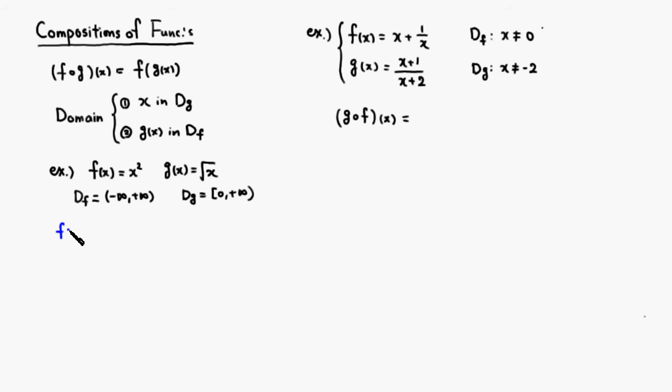So f of g of x is equal to f of g of x. We work inside out. So we plug in g of x, the inside function, which is square root of x.